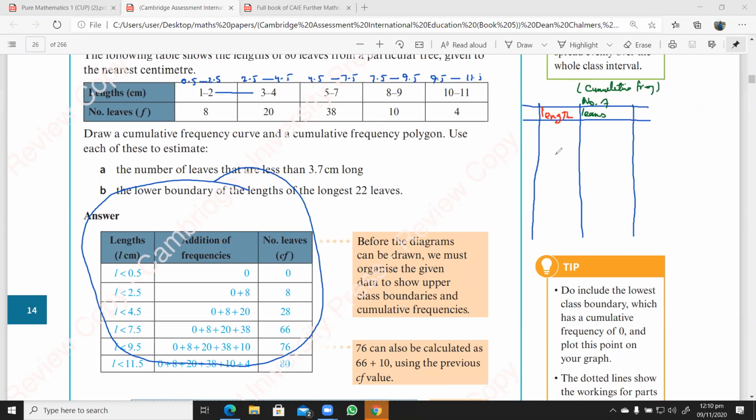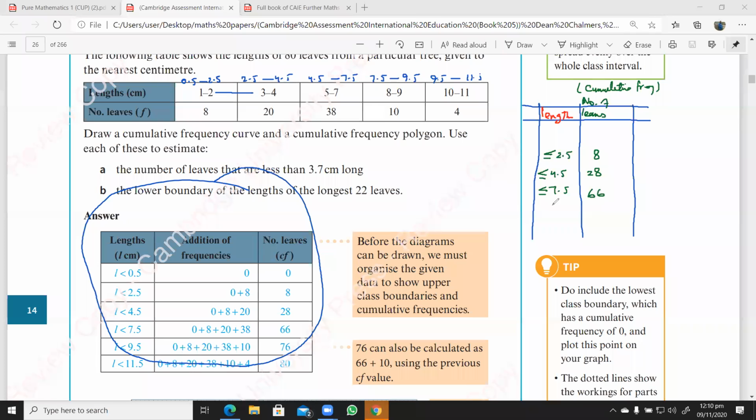Now we have less than or equal to 2.5. There are 8 such leaves which are less than 2.5 centimeters. Then less than or equal to 4.5, that is going to be 28. Then less than or equal to 7.5, and you have 28 plus 38, which is 66.